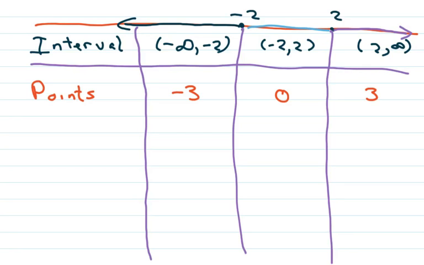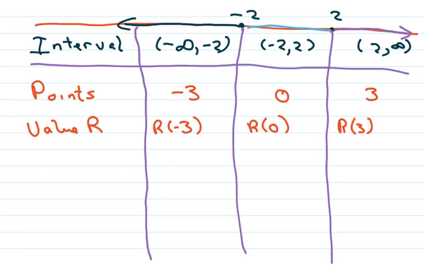I'm going to find my y, so we're going to find the value of R: R of negative 3, R of 0, and R of 3. You plug it in your equation, and you get 3/5, negative 3/4, and 3/5.